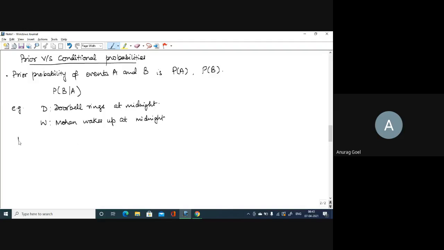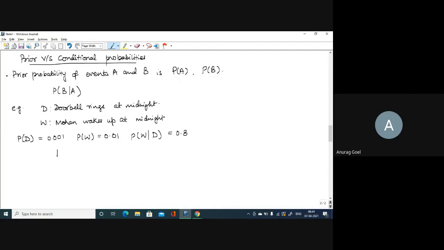Now, suppose the prior probability of event D is 0.001, the prior probability of event W is 0.01, and the probability that Mohan wakes up at midnight given the doorbell rings at midnight is 0.8. That means in 80% of cases, if the doorbell rings at midnight, then Mohan wakes up. Okay.